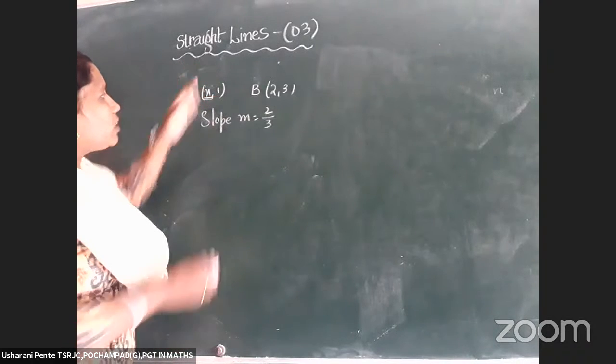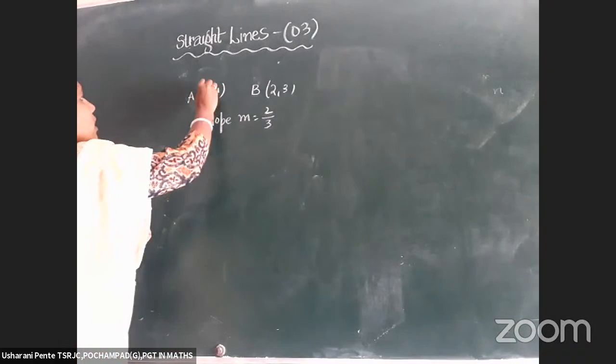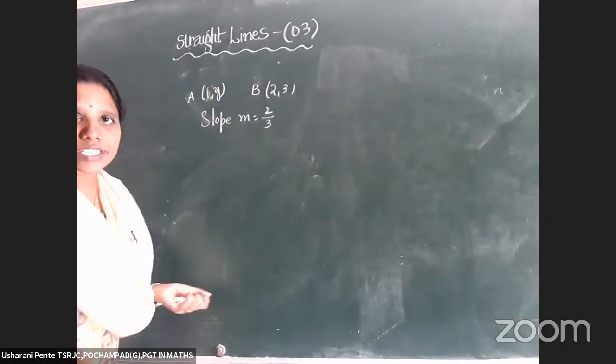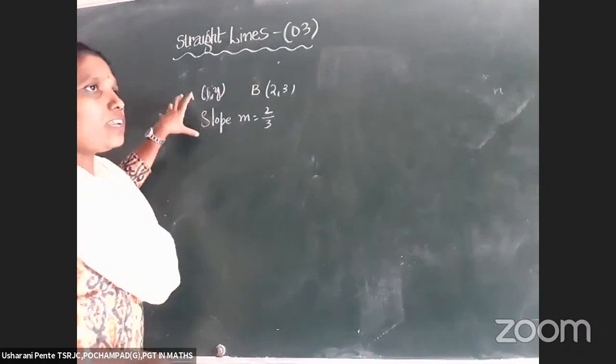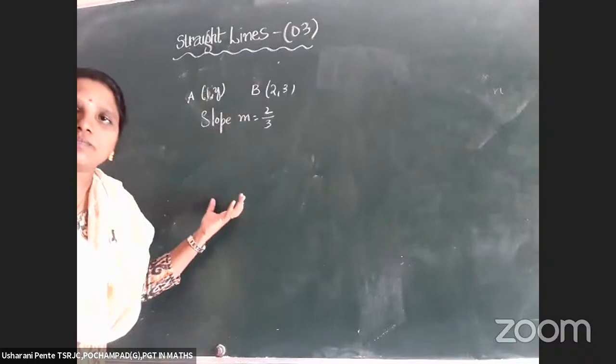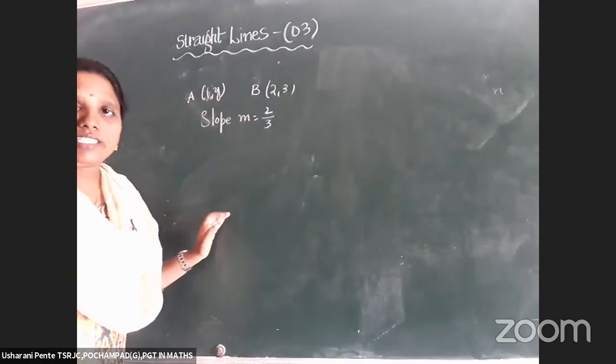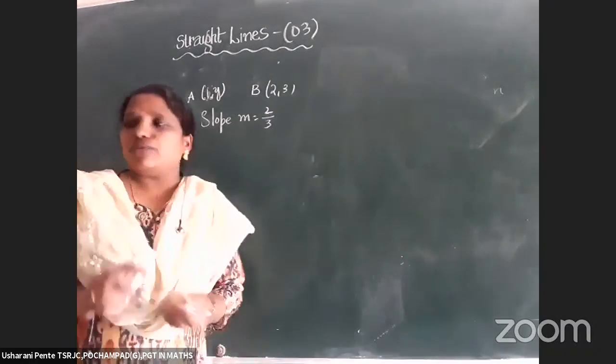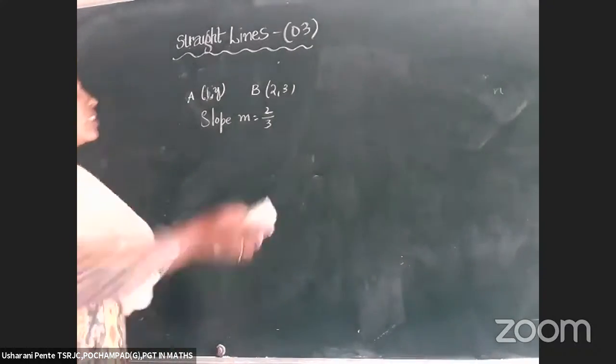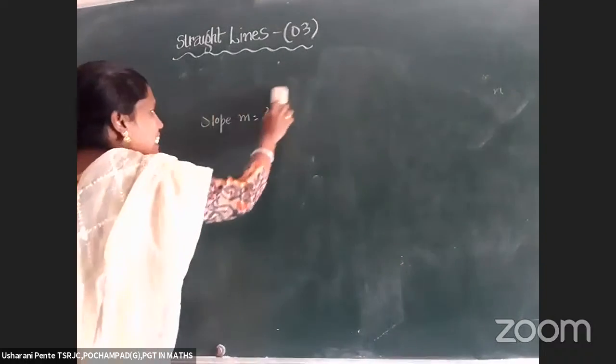Or if the x coordinate is specified, how to find the y coordinate? So yesterday we have seen all these problems regarding these concepts. Today we are going to deal with another concept, that is intercept.